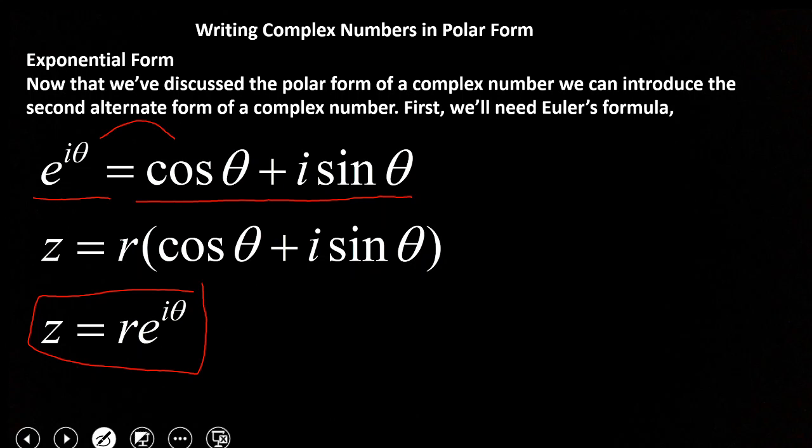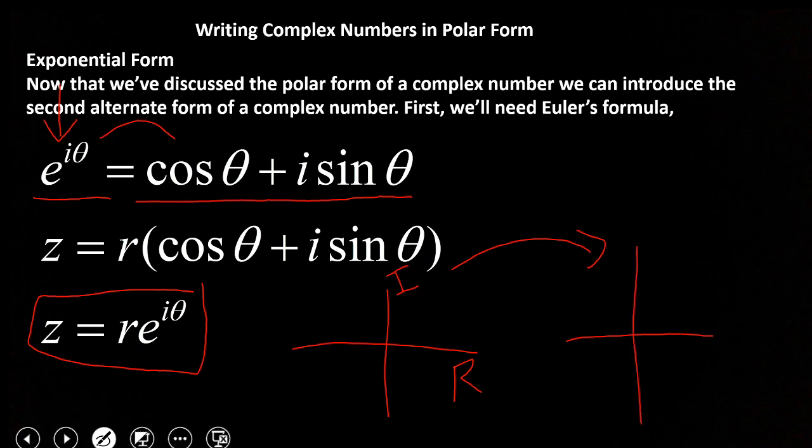How do we know that e to the i theta equals cosine theta plus i sine theta? But for now, just think of it as a function whose input is a complex number, and the output of this is also a complex number. So it takes a complex number to a complex number in the complex plane.